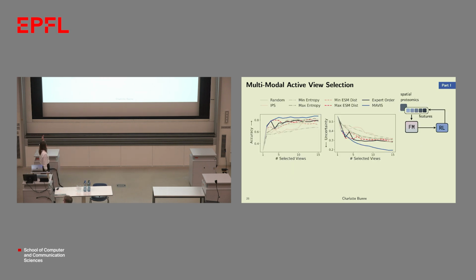What you see here is, in dark blue, what a pathologist would choose, like basically selected views here. Selected views here is basically the number of modalities or markers to measure.